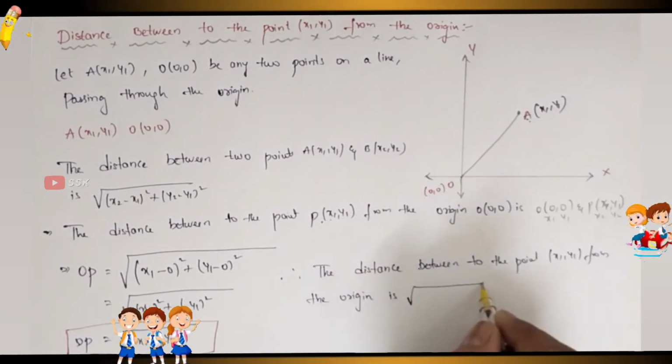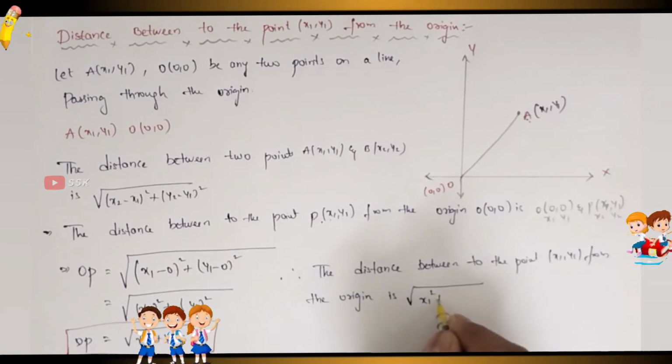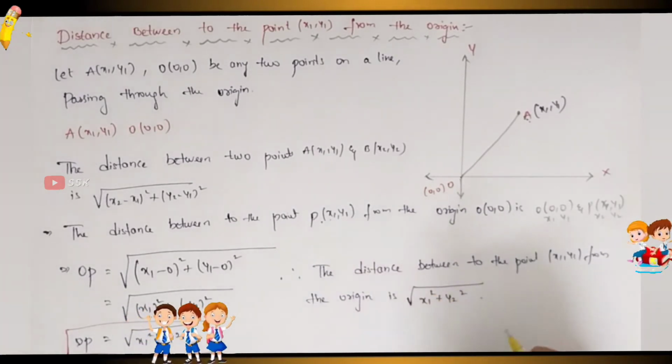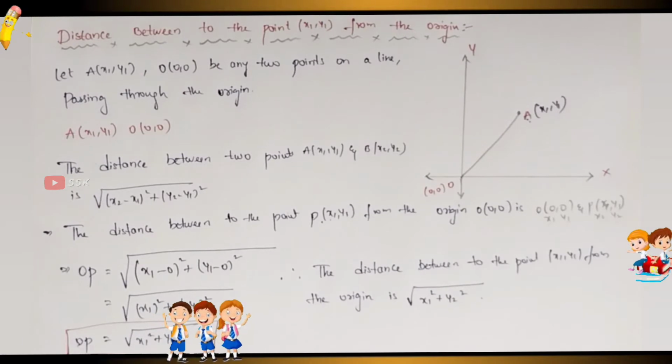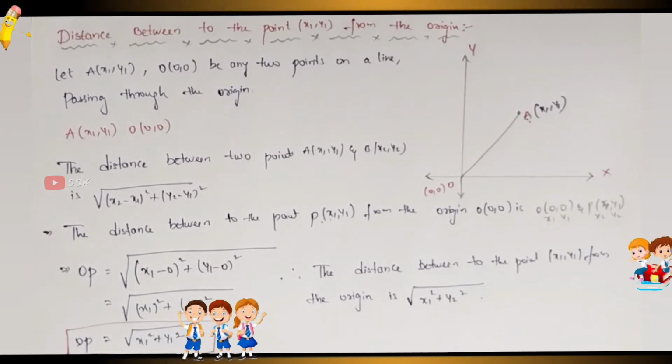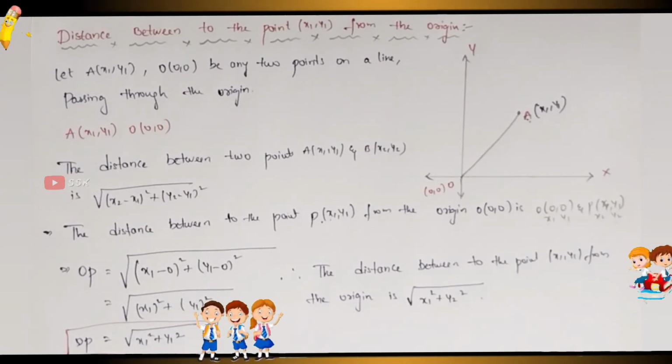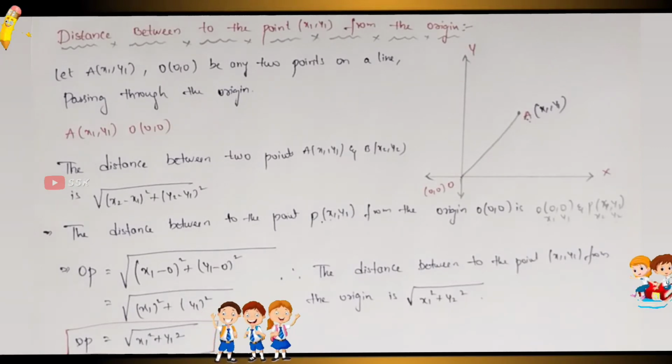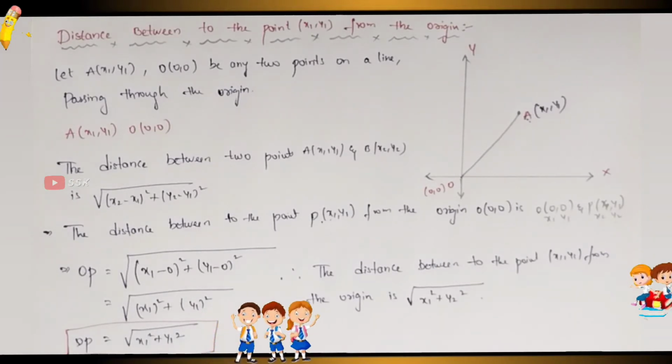Square root of x1 square plus y1 square. So this is the formula for the distance between the point P, x1 comma y1, and the origin, which is square root of x1 square plus y1 square.